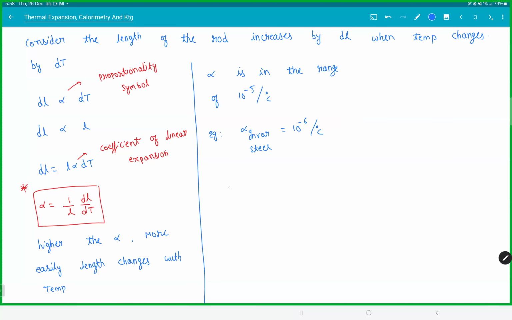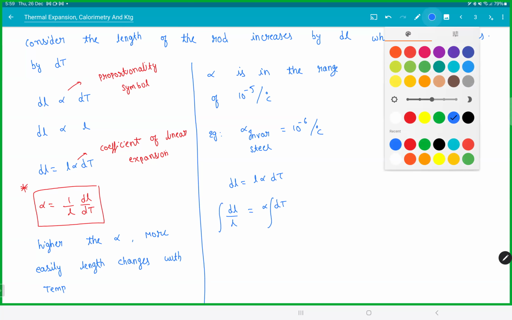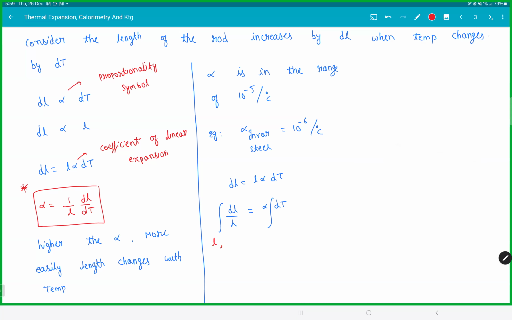Now, getting back to this formula, we got dL is equal to L alpha dT. If you send the dT to this side, we get dL by L is equal to alpha dT. Integrate on both sides. This will go from L initial to L final, and this will go from T initial to T final.